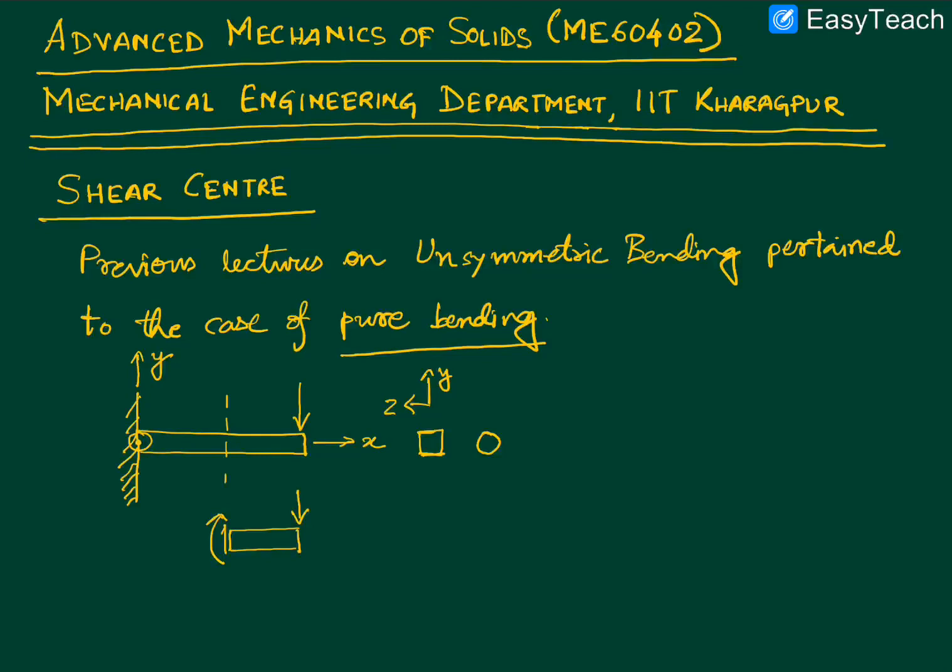However, even if the transverse load, this one, is parallel to the y-axis here, we need to be careful in understanding the situation. So what do I mean by that?